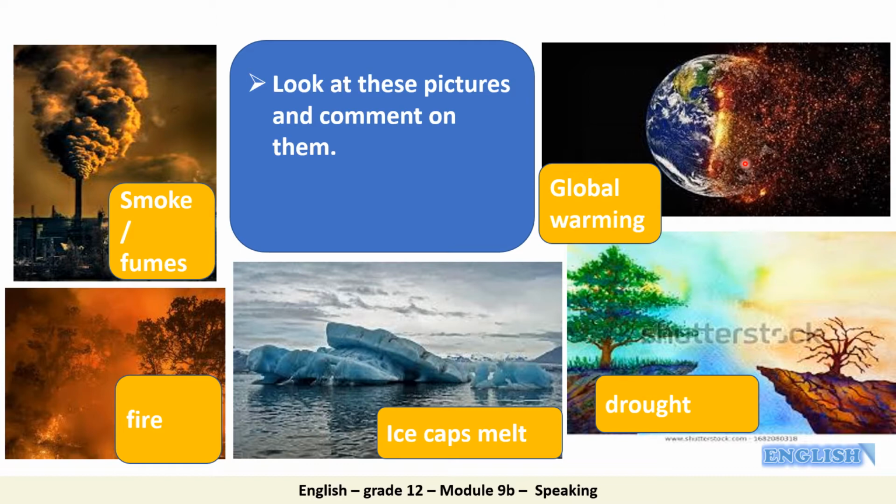Have you heard about it? Can you tell me what is meant by global warming? Global warming is the rise in temperature of the Earth, caused by the greenhouse effect. Great.